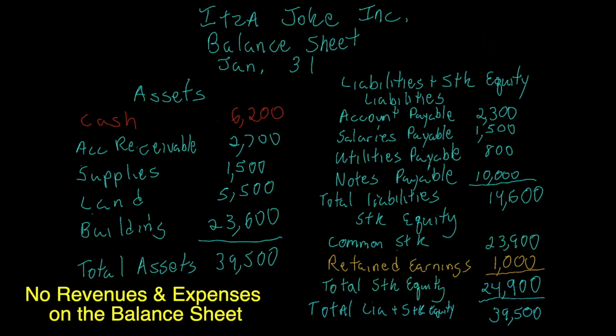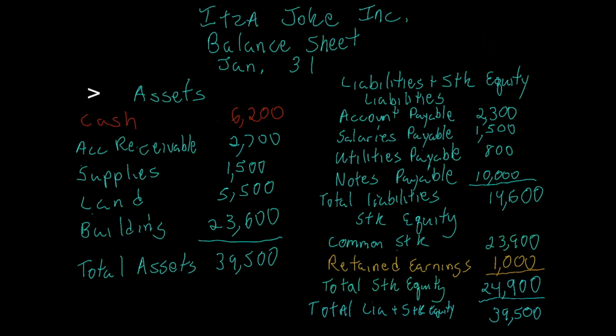So as we can see, we have our assets listed. They are in a particular order, but again, as of right now, we're not going to discuss that. We're keeping it simple. All I want you guys to focus on is that our total assets are $39,500. And then next, we list the other part of our accounting equation, which consists of liabilities and stockholders' equity.